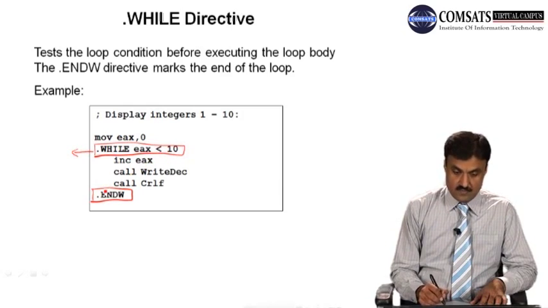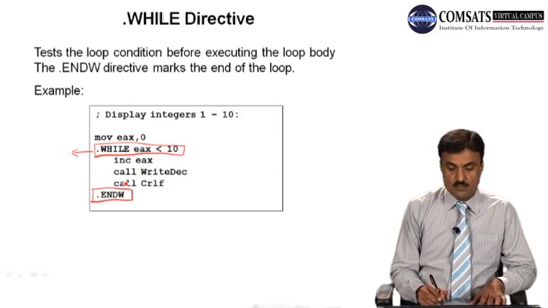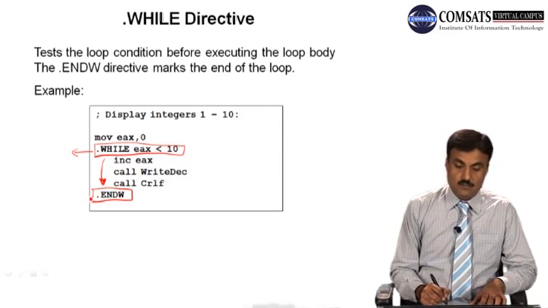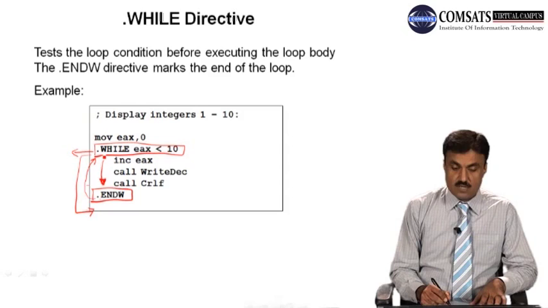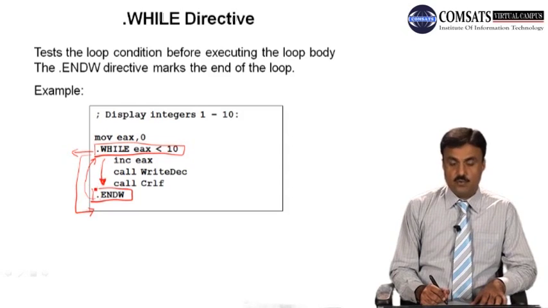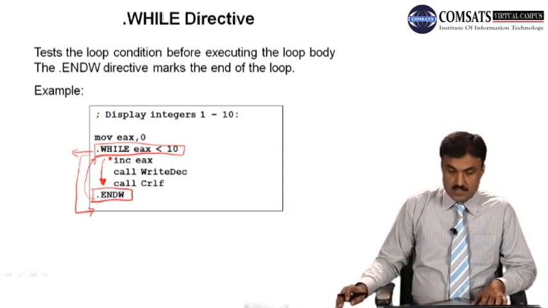If the condition is true, the body of the loop will execute. Otherwise it will exit to the next statement after .endw. And when it reaches .endw, it will transfer program control back to the while statement.